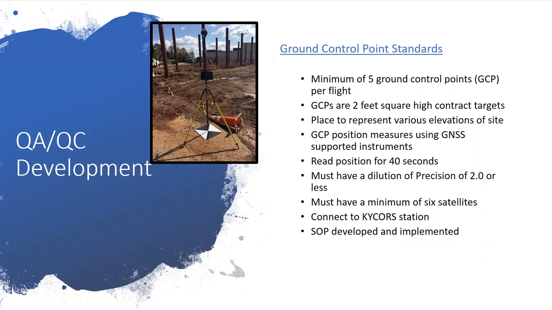Then we take a reading for 40 seconds. We put this device through 3 months of testing because we'd never used this particular unit. Most everybody that we know uses a Trimble unit. The Trimble units run around $26,000. This unit was a little over $2,600, so it was 10% of the cost.